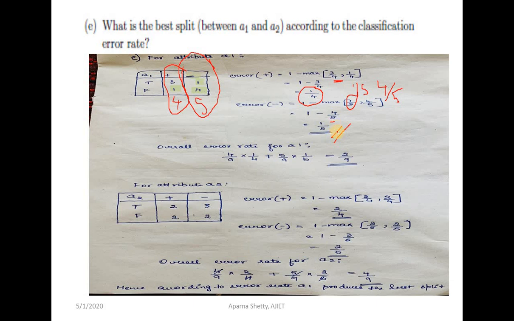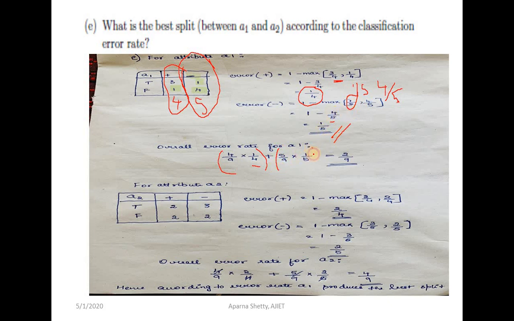Next, calculate the overall error rate. 4 divided by 9 into the classification error for plus, which is 1 divided by 4, plus 5 divided by 9, since the number of records that belong to class minus is 5 and the total number of records is 9, into the classification error for minus, which is 1 divided by 5.